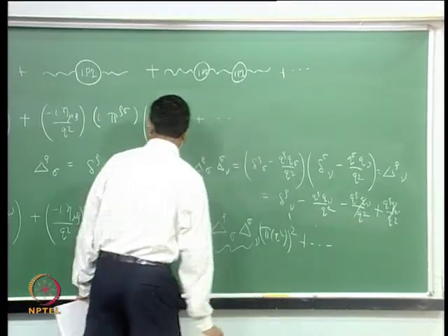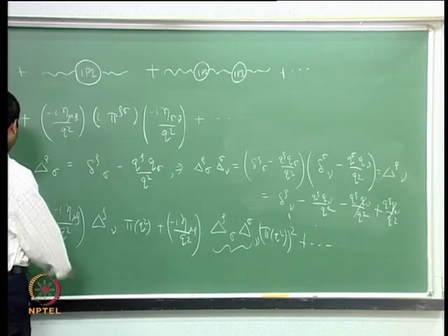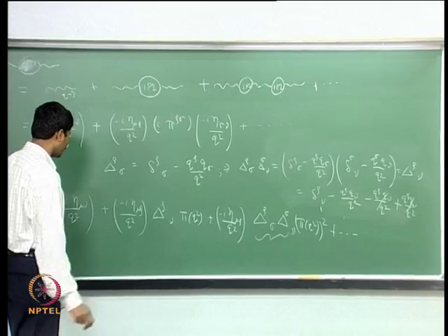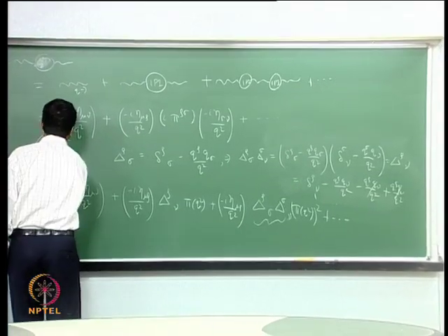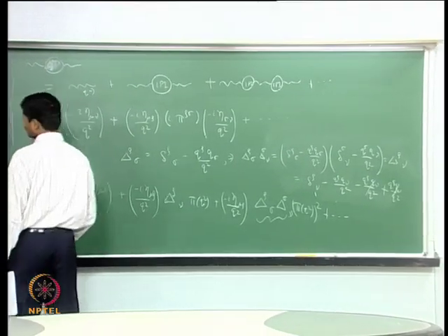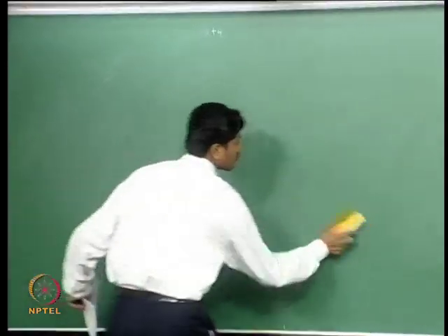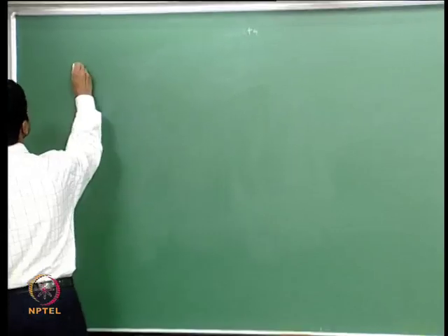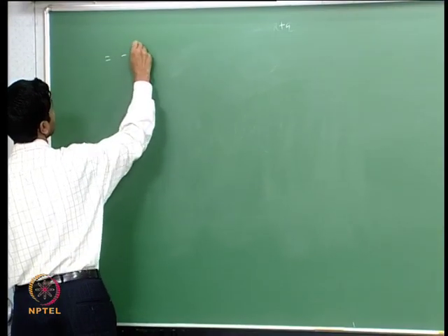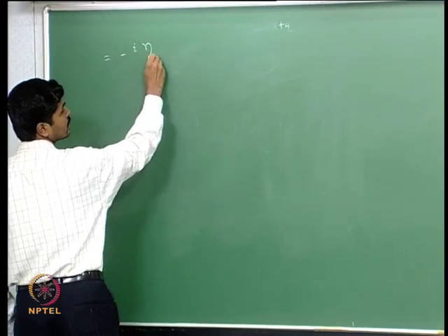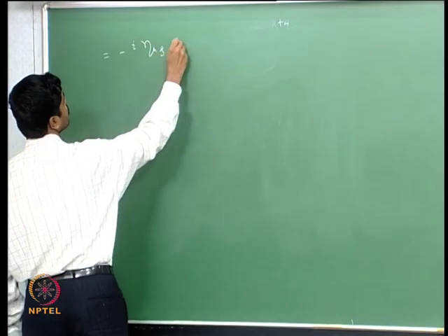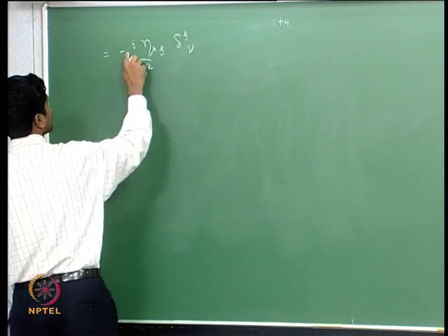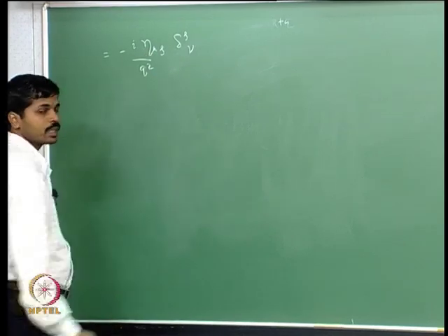that will keep continuing. So, what we can do is that we have a common factor I eta mu nu over q square, so I can write the first term as minus I eta mu rho delta of rho nu over q square. Then I eta mu rho is there in all terms.